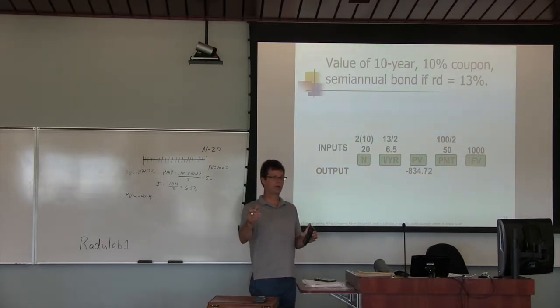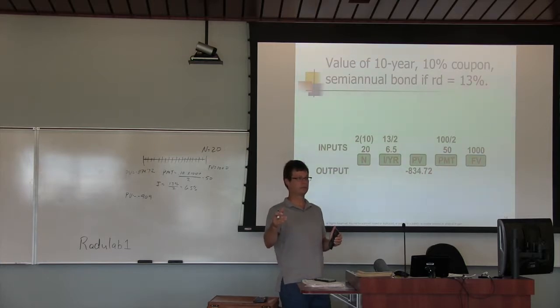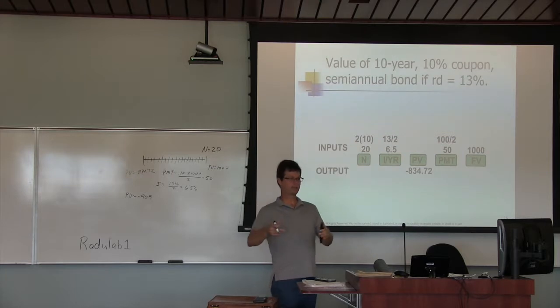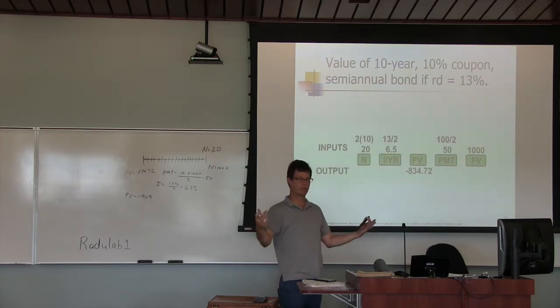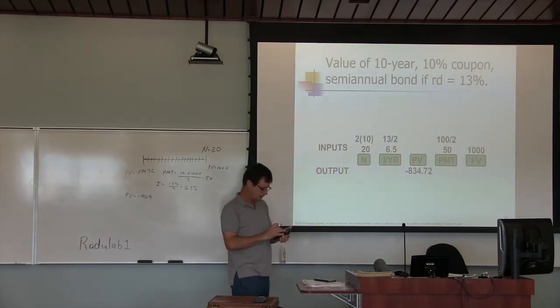Higher price. What should be the relationship with the interest rates? Lower yield. You pay a higher price for the same set of cash flows, so the return you're going to get out of that is lower. So we put in the 909 as the PV here. Can someone tell me what your yield to maturity is on this one?